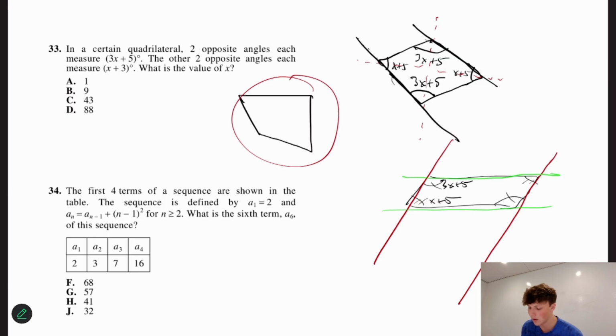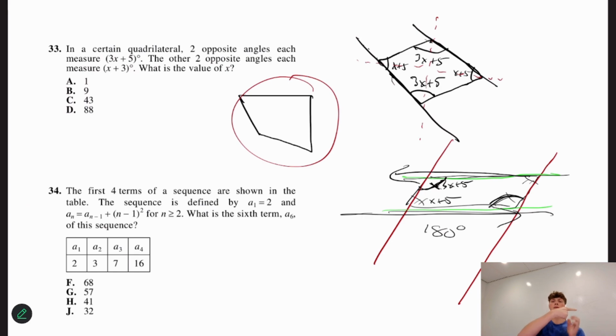We know that this angle and this angle are equal. What we also know is that since the green ones are parallel, this direction going down and this direction going up are 180 degrees apart. If I'm going this way, I turn 180 degrees around, I'm going the exact opposite way in a parallel direction.